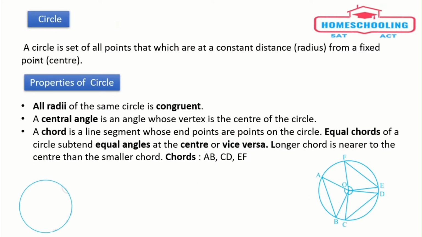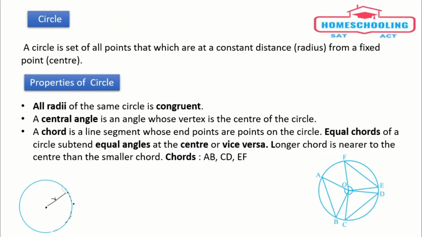A circle is a set of all points which are at constant distance from a fixed point. So if this is your center and there is a point at a distance r, so if you put points like this of r length everywhere, then it will form a circle.